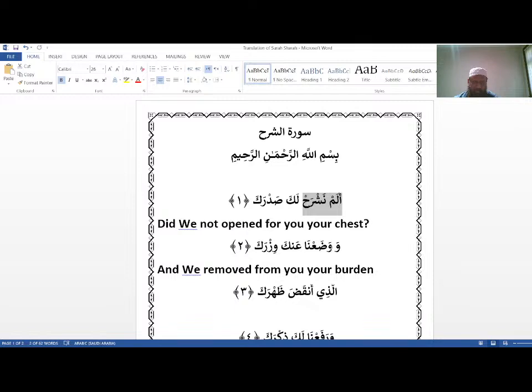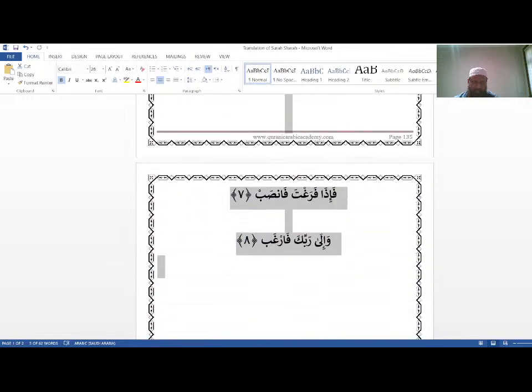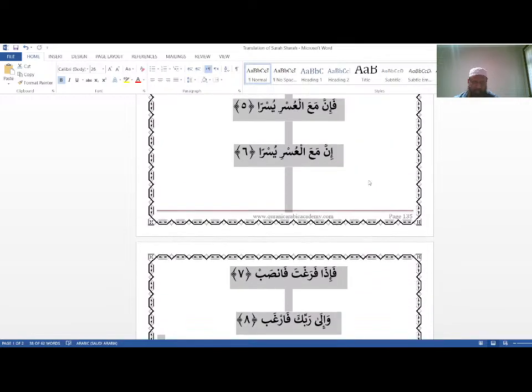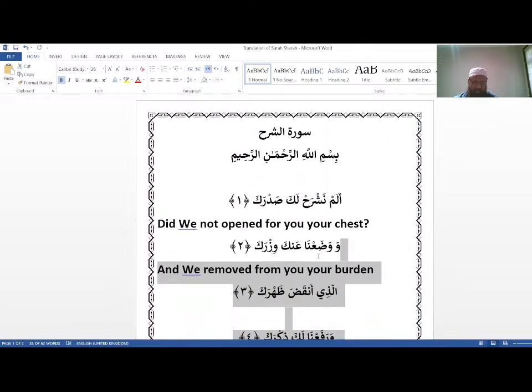Over here, وضعنا is also giving us fi'l Madi. So we can also translate it as atf on the first ayah. Means the first ayah was a question, so the rest of the ayats will also be questions. Okay, this is another way of translating.